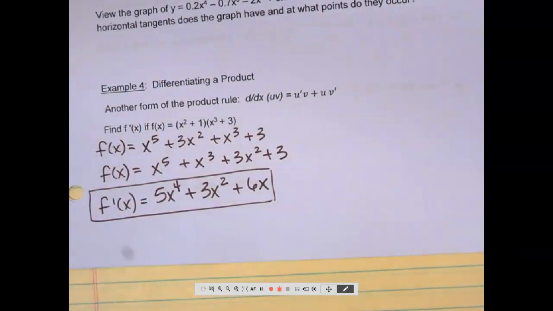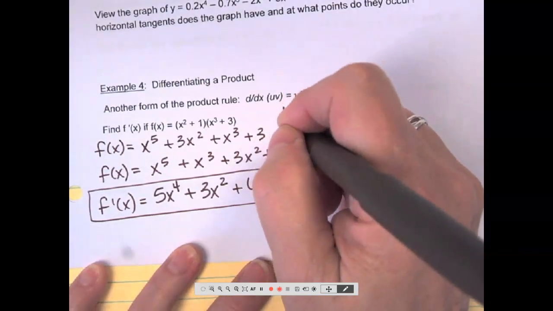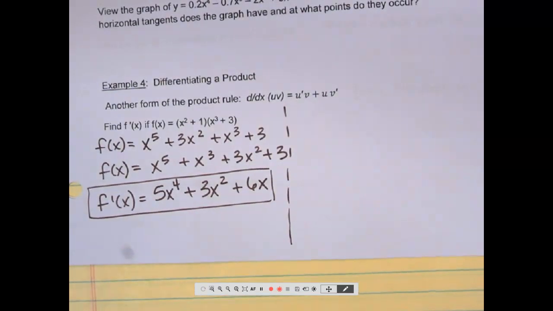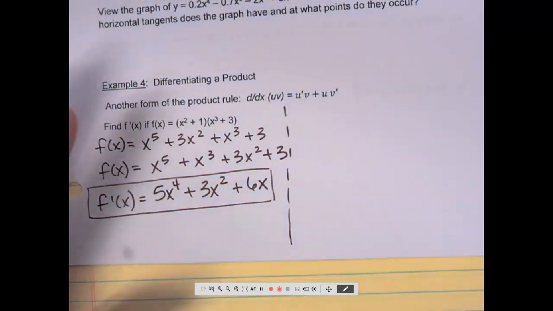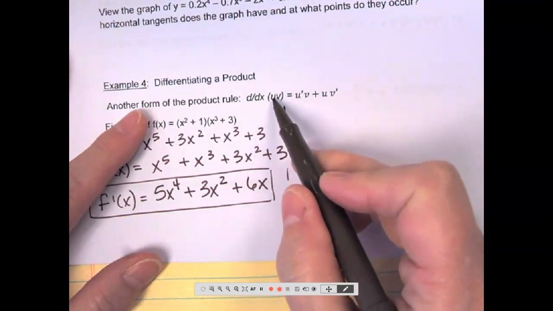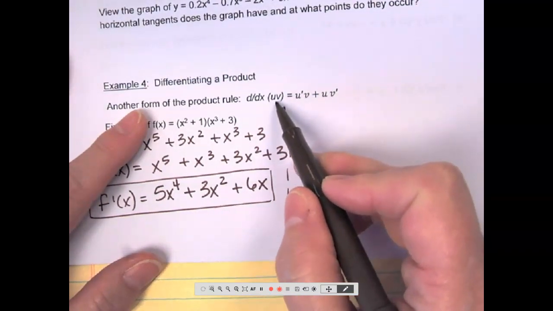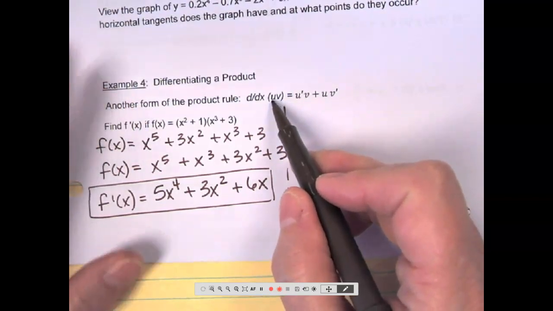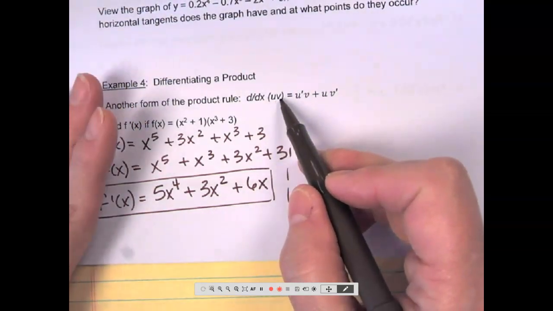Okay, now I'm going to explain to you what this product rule is, and I'll use the product rule to find the same derivative and show you that we'll get the same result. Product rule is when we have two functions of x that are being multiplied. In the rule, we're going to call the first function u and the second one v.